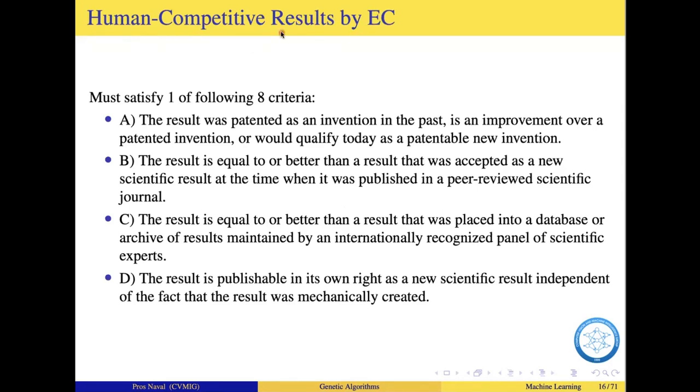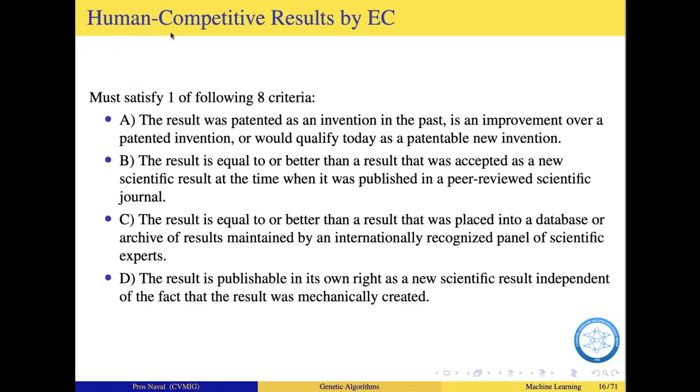Human competitive results by evolutionary computation. So what is this? This means that evolutionary computation results can actually be comparable to those generated by humans. And by this, we mean the following.